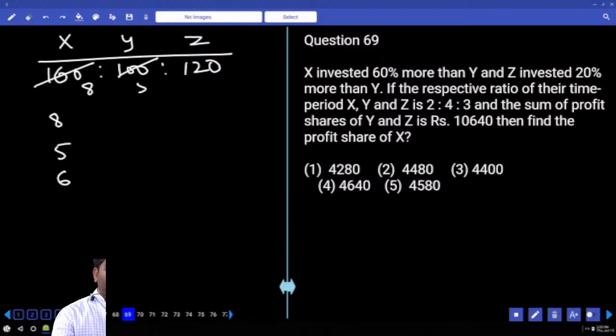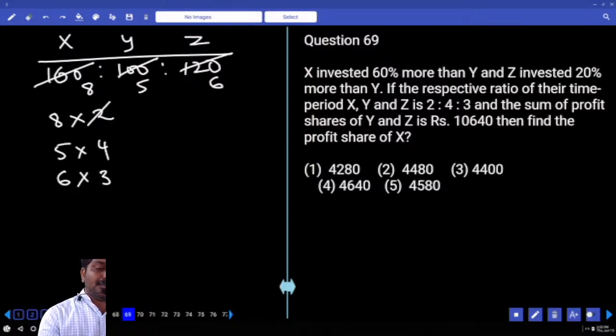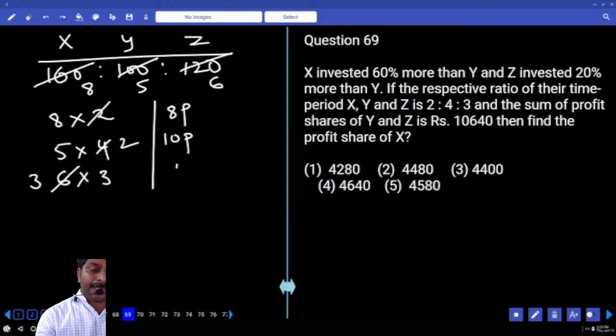Time periods are in the ratio 2:4:3, cancelling 2, so 8 parts, 10 parts, 9 parts.